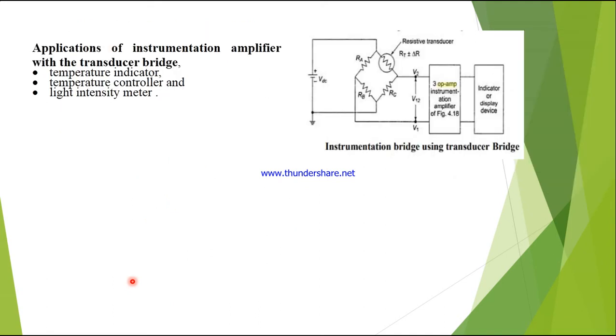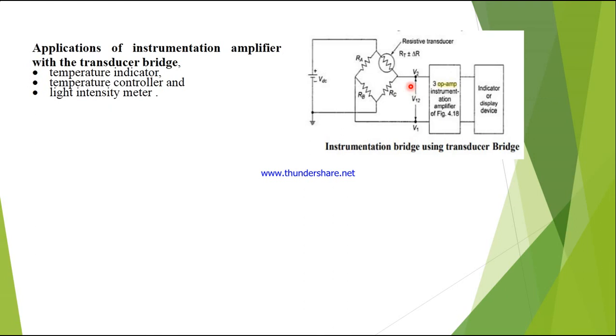This is the diagram using the transducer bridge. Here the circuit uses a resistive transducer whose resistance changes as a function of the physical quantity to be measured, and the bridge is initially balanced by a DC power supply VDC so that V2 equals V1. As the physical quantity changes, the resistance R1 of the transducer also changes, causing an unbalance in the bridge.